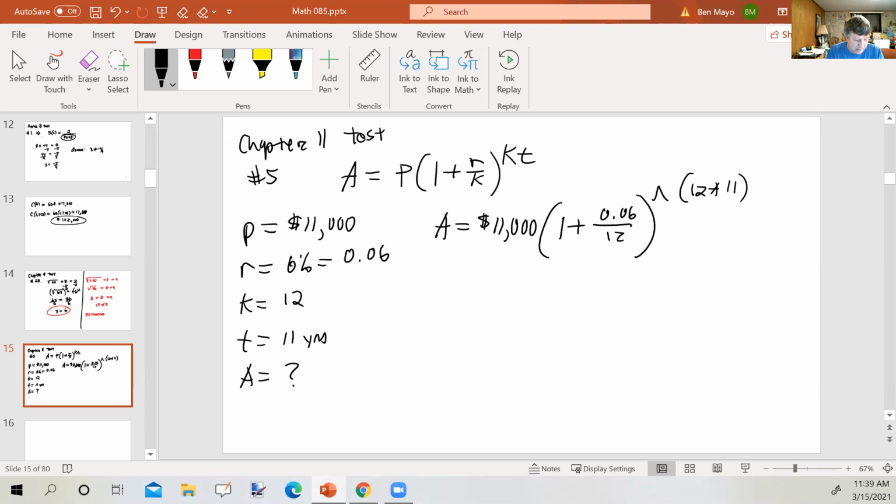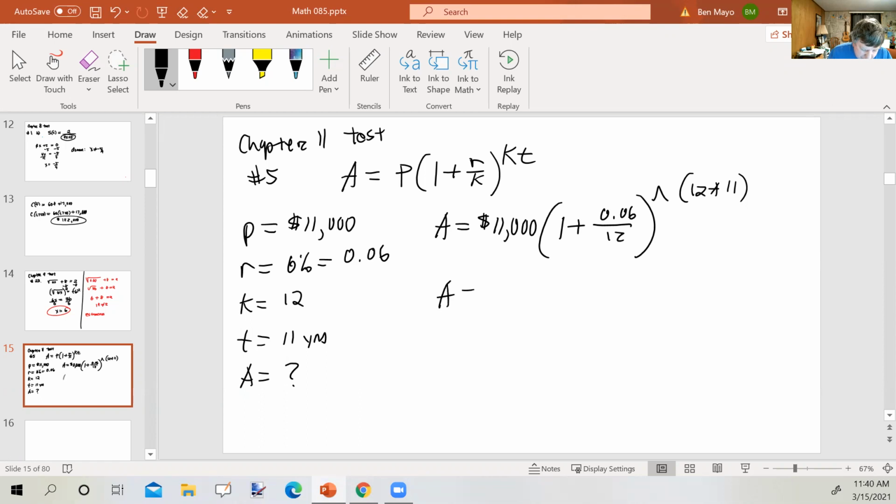So I've got 11,000 parentheses 1 plus 0.06 divided by 12. Then I'm going to close up those parentheses. I'm going to use my little caret power key, and then parentheses 12 times 11, close parentheses.